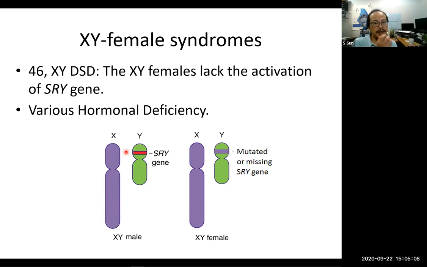So even though we may have a good beginning, a good SRY, if any step goes wrong, the development into male may not be completed. So that will be considered as another, like a subtype of the XY female syndrome. So let's look at what could be that.